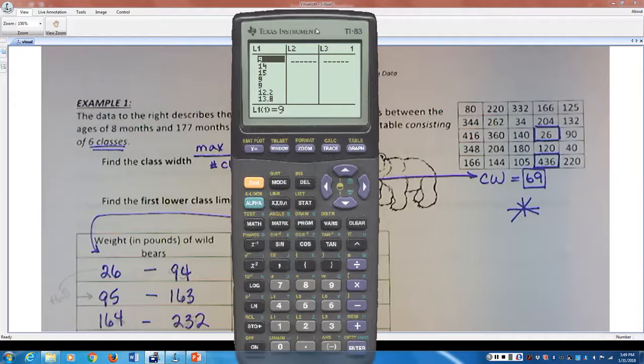Okay, so when you open your calculator, does anybody's calculator have numbers already in your lists? Go to the list where the numbers are and start hitting the delete button and watch them disappear.